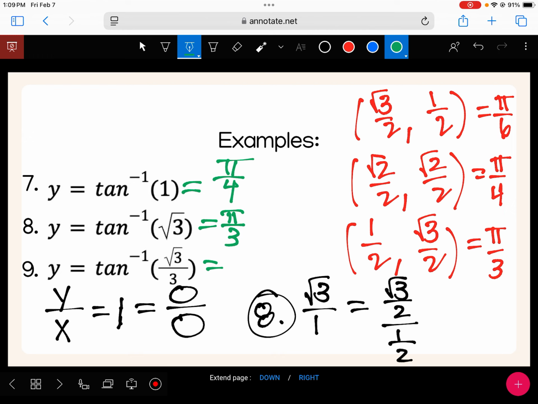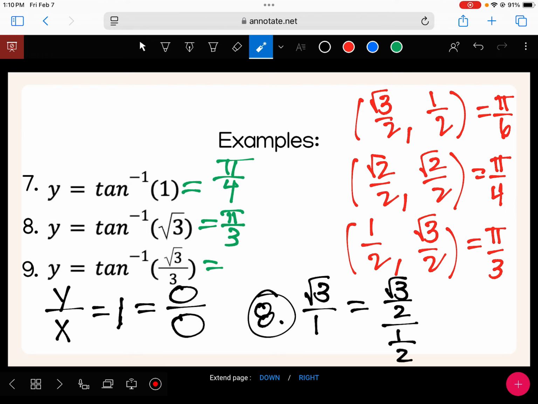Because root 3 right here, that's just like a number. And when a number isn't over a fraction, we assume the fraction to be over 1. So that's why I'm like, okay, so we need a root 3 over a 1, because none of our fractions over here, you have to get like a second part of the fraction somehow.